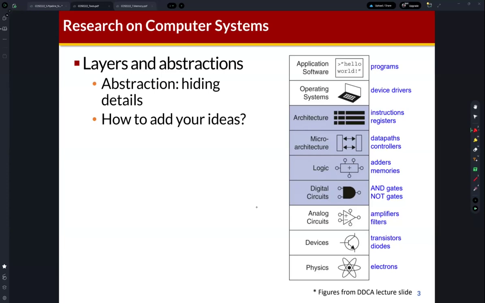Then how about the architecture? Architecture includes the software part and the hardware part, right? For the software part, we can write our code and compile our code, right? How about the hardware part?